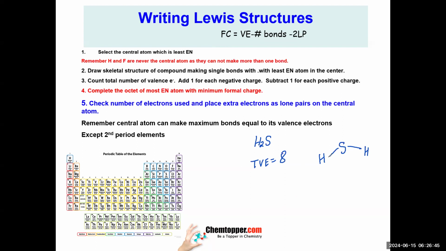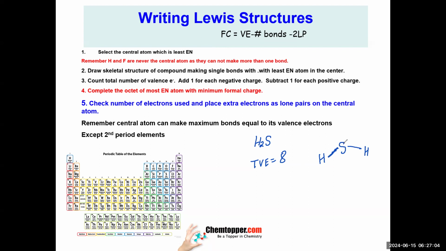I think hydrogen is happy already too. It can make only one bond, no lone pair. Here hydrogen is not the central element because it cannot make more than one bond, and that's why it is out of the position from the center.